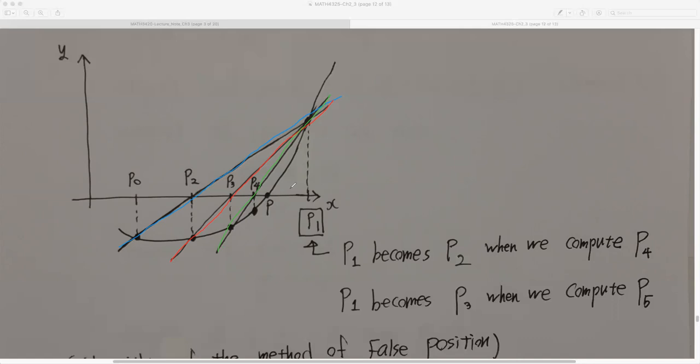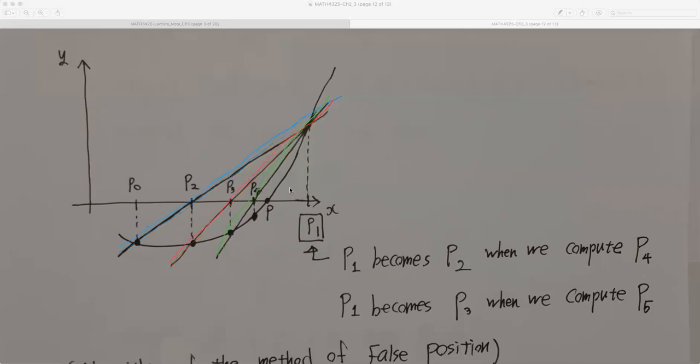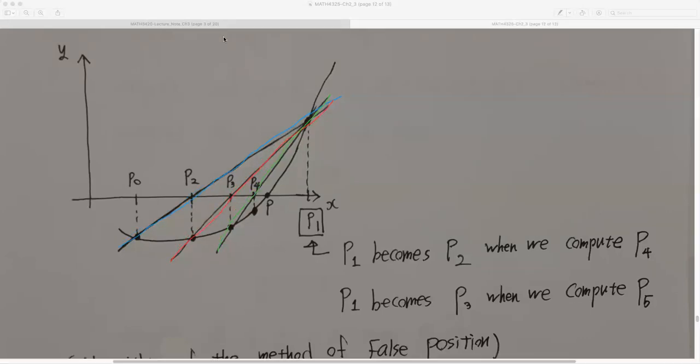Okay, so what does that mean here? Give me a second. Now when you find the green secant line passing through P3, f of P3 and P1, f of P1.